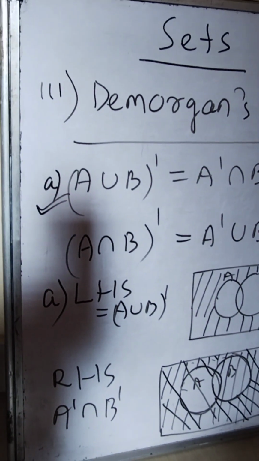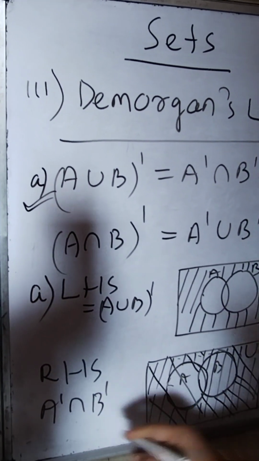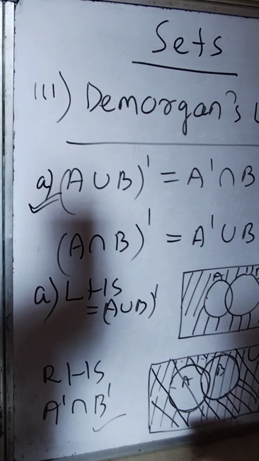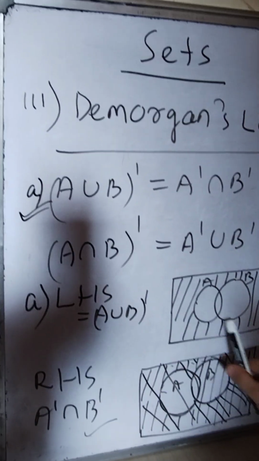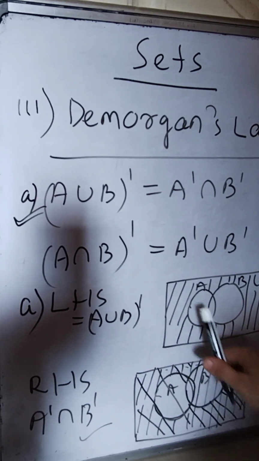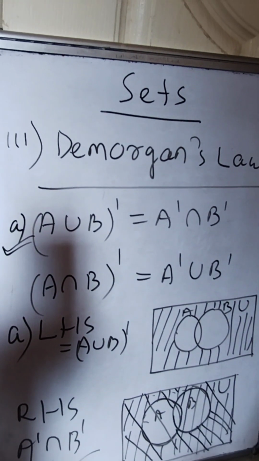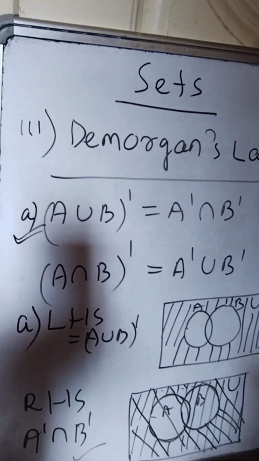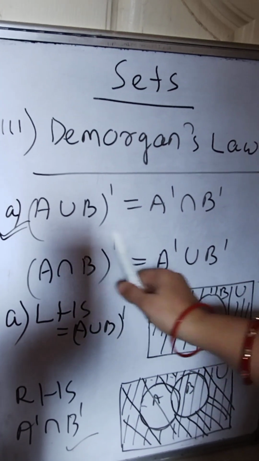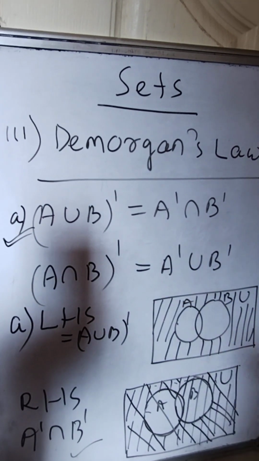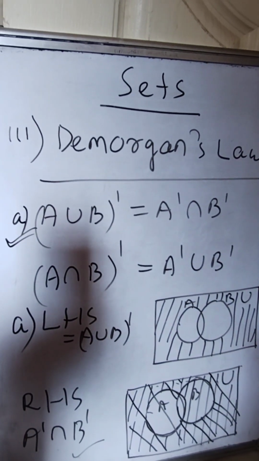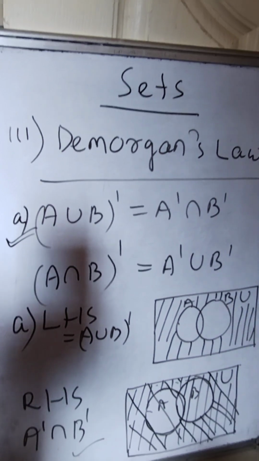Now you see, in this case the double shaded part is A complement intersection B complement, and in this case the shaded portion is A union B complement. In both cases the shaded portions are same. Therefore, using Venn diagram, we proved the first law of De Morgan, that is A union B complement is equal to A complement intersection B complement.